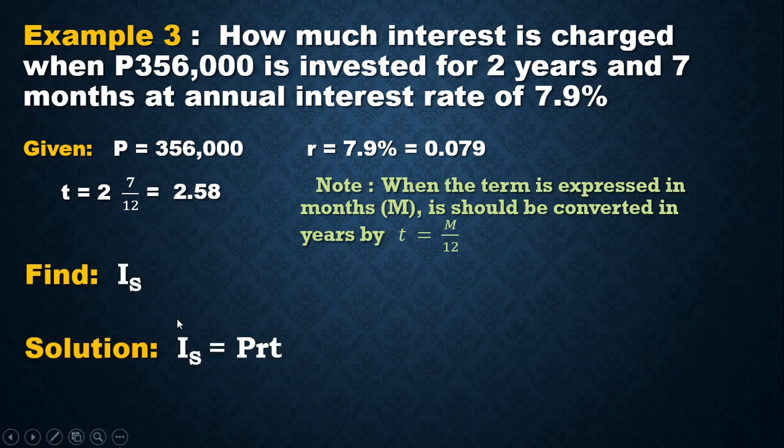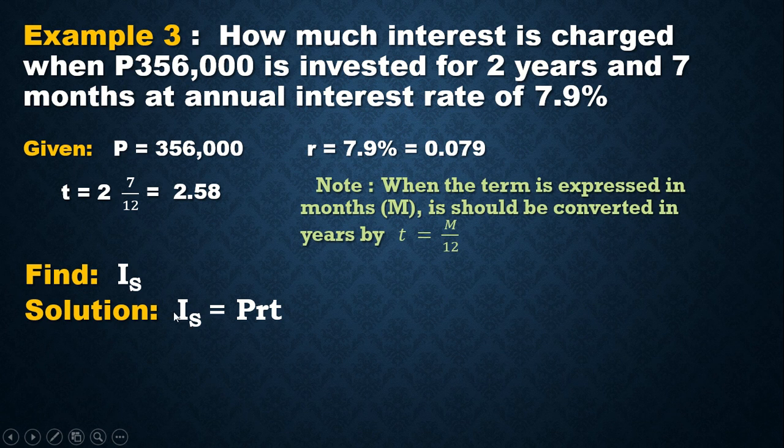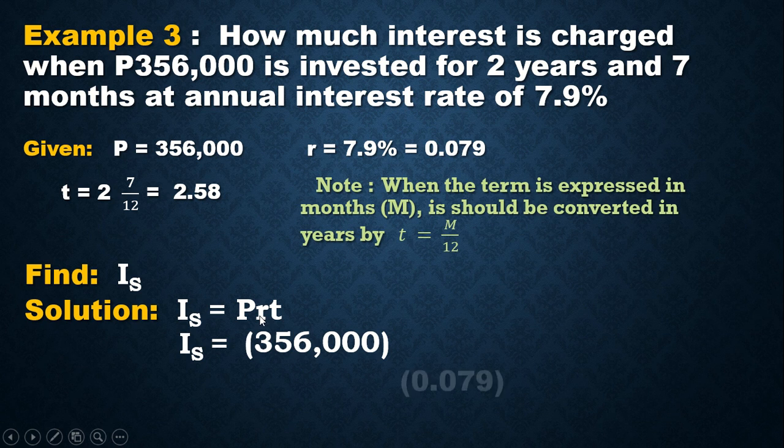Find the simple interest. So we have the formula. Simple interest is equal to PRT, or the principal times the rate times the time. And then we have to substitute the principal, which is 356,000. And then we have to substitute the R, or the rate, which is 0.079. And then the time, which is 2.58.